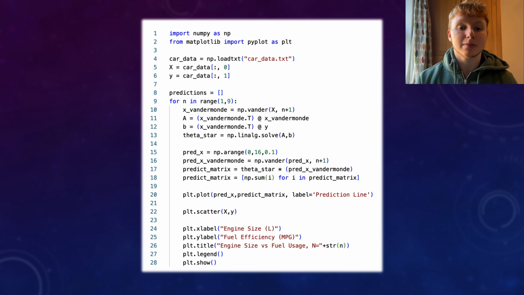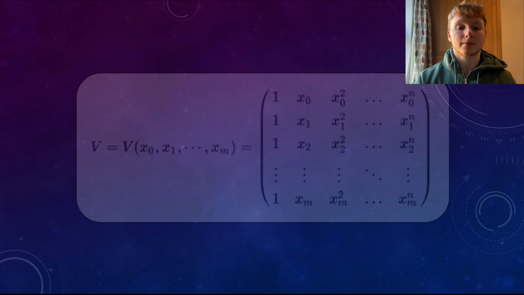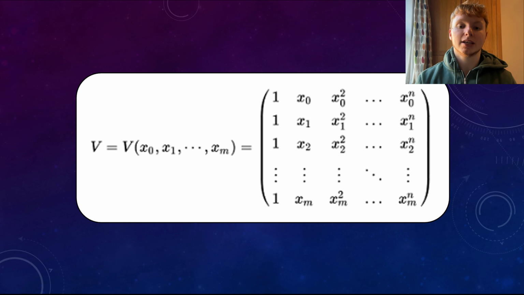At first, this might look complicated, but all this is doing is preparing our data so we can fit a polynomial curve to it. What the Vandermonde matrix does is it takes our input values x and generates multiple powers of those values. So instead of just using x, we also create terms like x squared, x cubed, and so on. Each column of the matrix represents one of these powers.